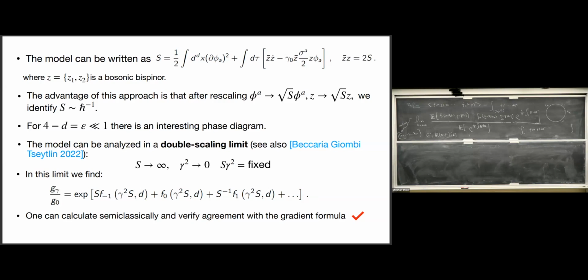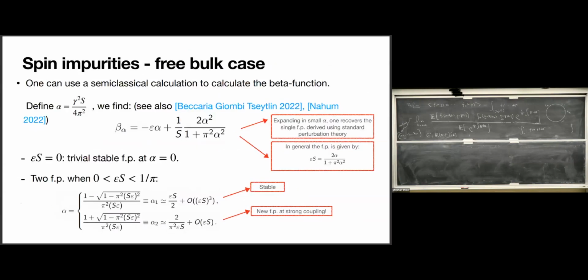And what we found was that in this regime, the model can be analyzed in a double scaling limit, in which you take the spin of the impurity to be large, you take gamma squared to 0, such that this is fixed, and then a very interesting phase diagram occurs. I will skip some results.